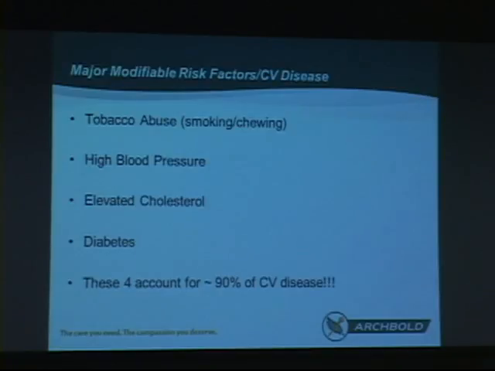So it didn't happen overnight. Okay? So it takes 15 to 20 years. All right? We know that. So that's one of the reasons why we say this is a modifiable risk factor. And guess what? 4 of these account for 90% of cardiovascular disease. 90%. Okay? So this is why I put that on a separate slide.